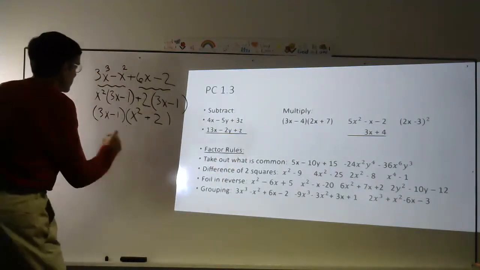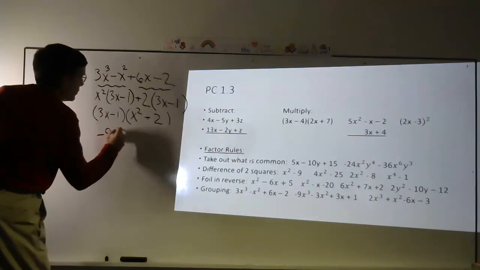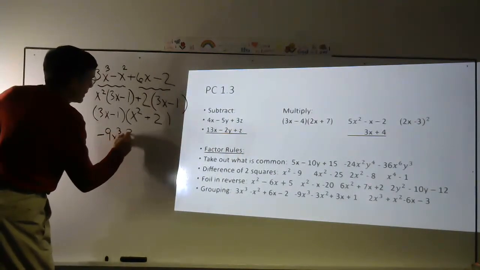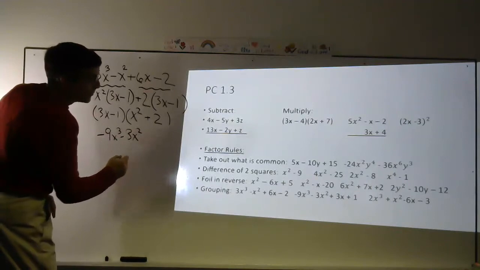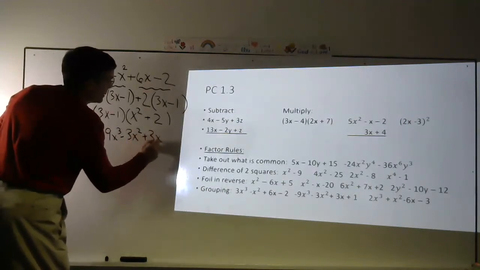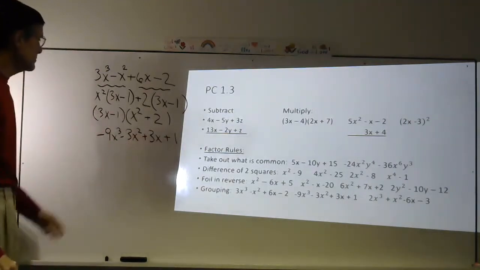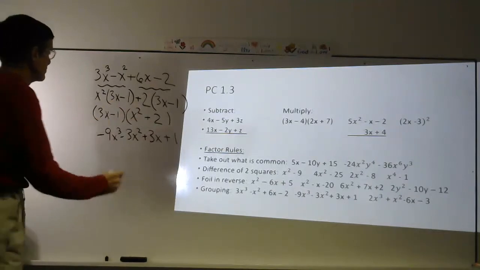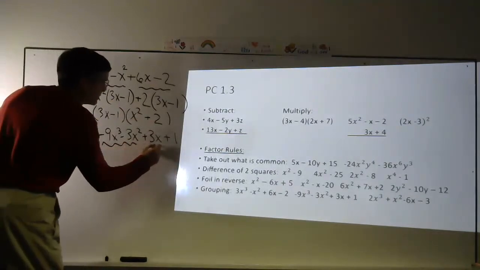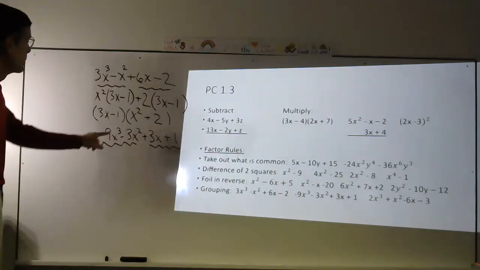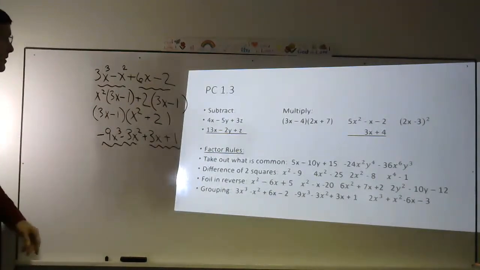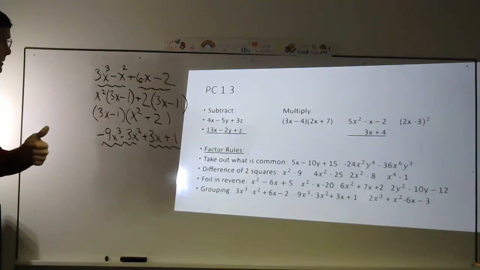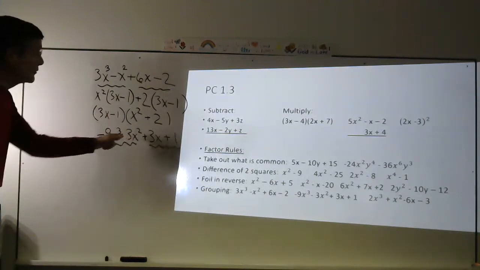How about the second? Minus 9x cubed minus 3x squared plus 3x plus 1. 4 terms. Squiggle, squiggle. What can I take out of both terms here? I can take a negative sign, a 3, and 2x's.